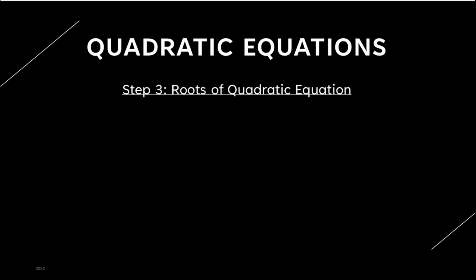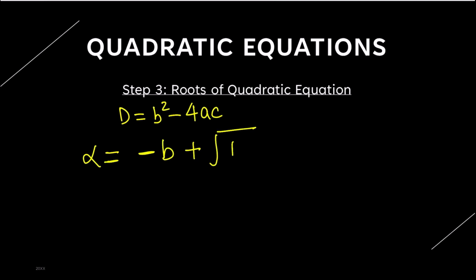Now since we know the discriminant is b square minus 4ac, when I told you what the two roots are, they will be alpha and beta. I will just write it down. One of the roots will be minus b plus root D over 2a.